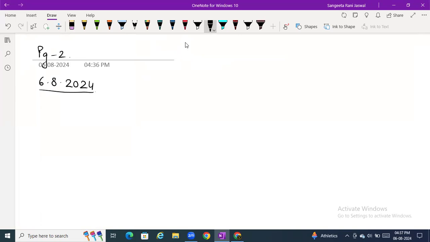Regarding LCM and HCF, now see children, you all know how to find HCF and LCM now, right? And there is one result that you have to keep in mind. If I take the product of HCF and LCM, it will be equal to the product of the two numbers.